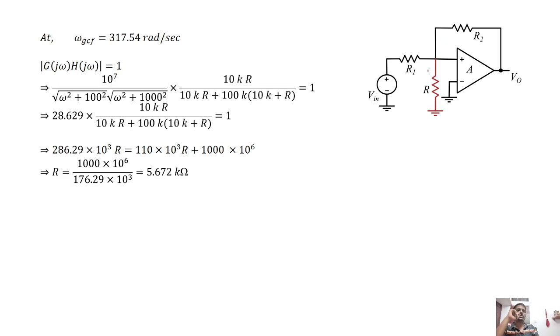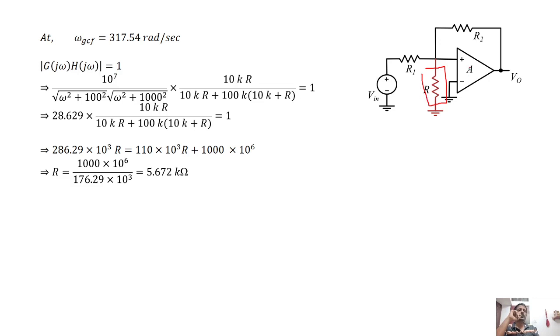The main takeaway is that we have an inverting amplifier, and due to some reason we again have a very low phase margin. In order to increase the phase margin to some value above 45 degrees, we may add a resistance here and find the value of resistance that has to be added.